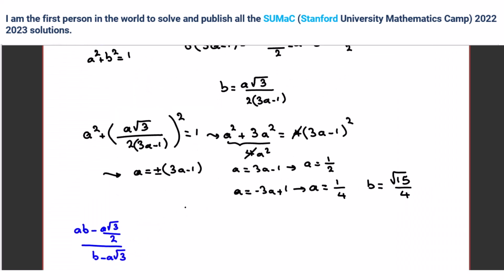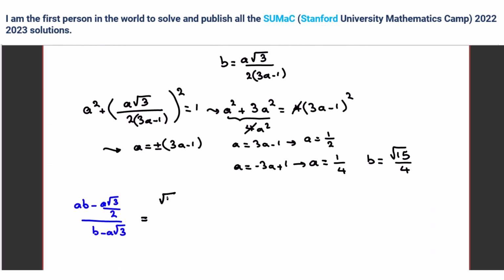So here, ab will be root 15 over 16, minus a root 3, it's root 3 over 8, over b, root 15 over 4, minus root 3 over 4, right? So we can cancel these 4s. It is 2, it is 4.